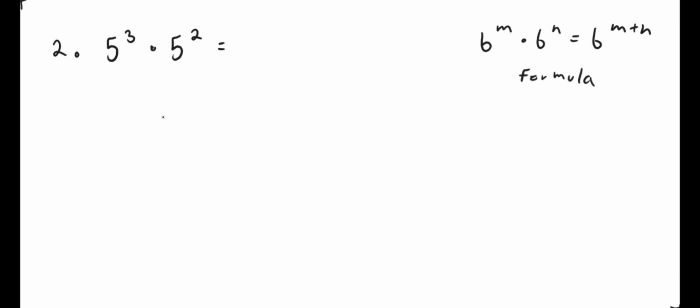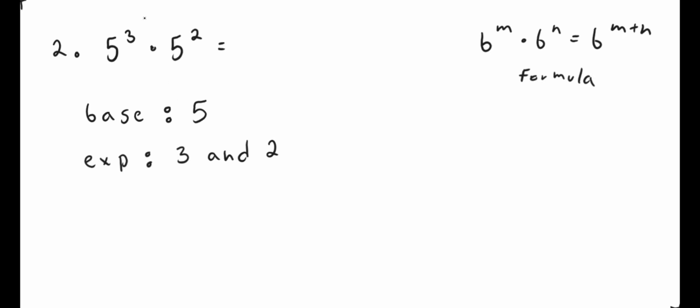Up to the next. We got 5 to the power of 3 times 5 to the power of 2. Using our formula, the one that we have written down to the right, we can definitely see our base is going to be a 5. As for the exponents, we can see that they're going to be 3 and 2.